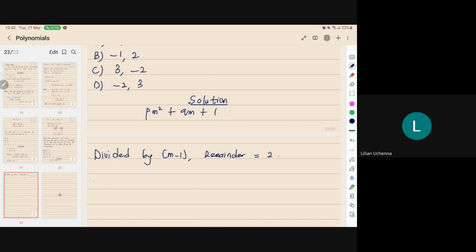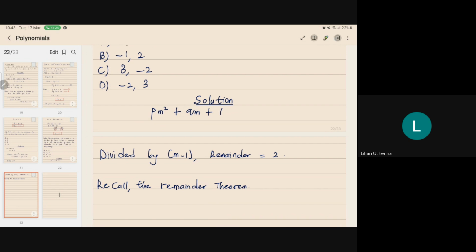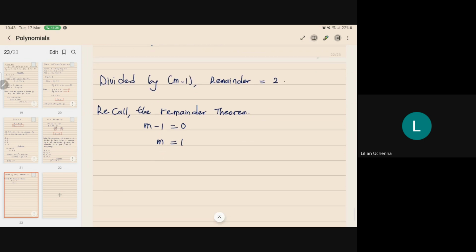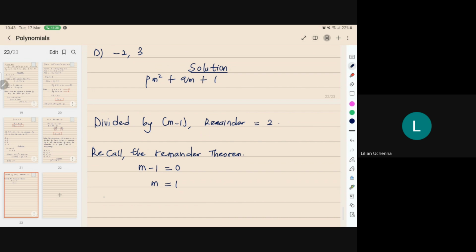So recall the remainder theorem: it simply says that we are to equate that guy to 0, right? So m minus 1 is equal to 0, so that m is equal to 1. So it simply means that when we plug in our value, the function f of 1 is equal to the remainder.